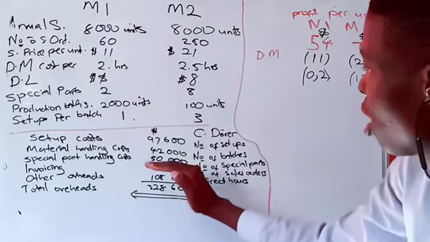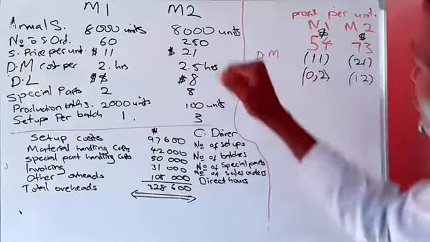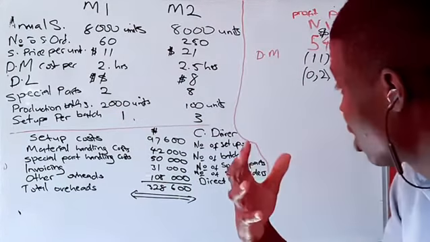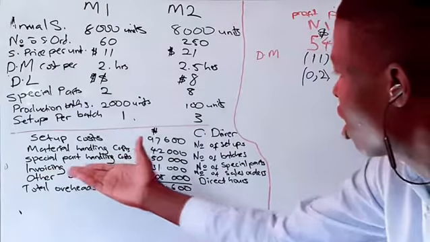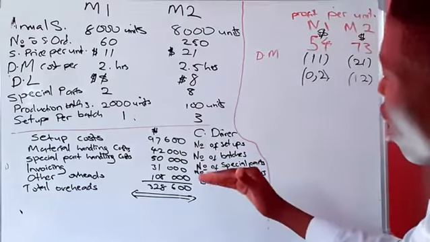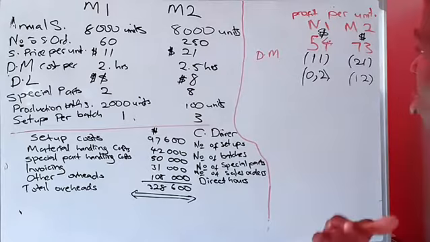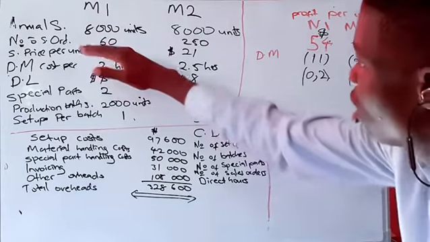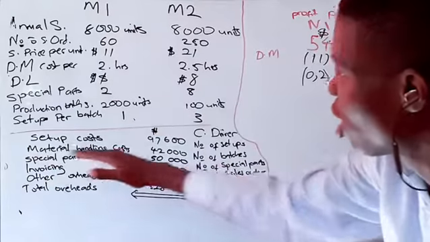So 2,000 relates to M1, and the remaining part relates to M2. To get the handling cost per batch, you divide 42,000 by 84. Use this method to get a quick answer for the cost per unit when it comes to material handling costs.